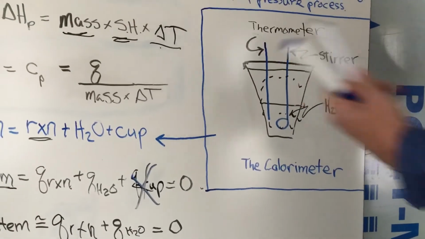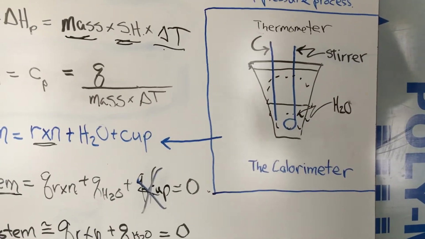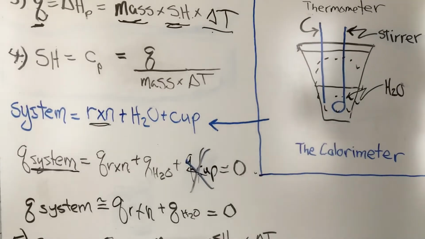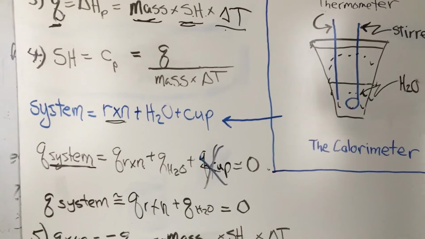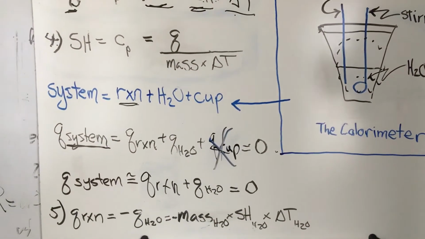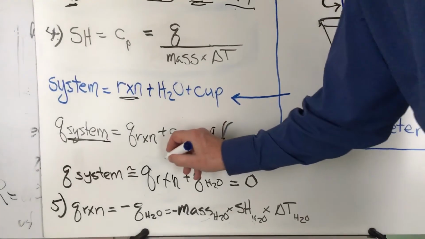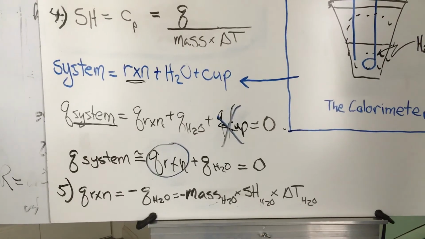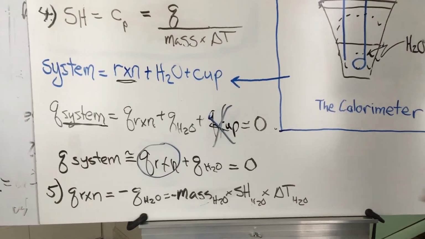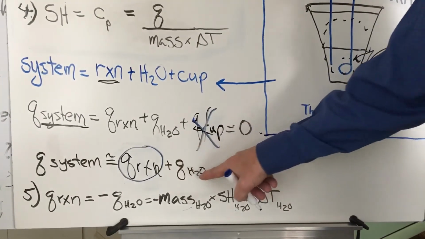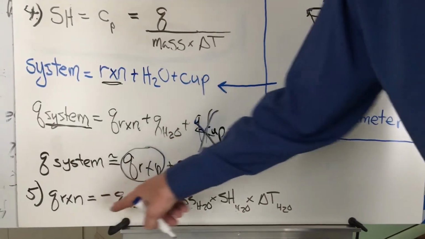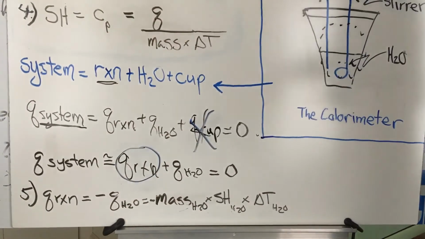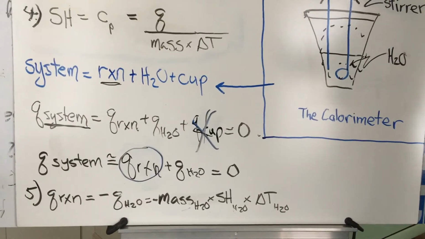Nothing gets out. And now we can solve for what we're really interested in. We're running the calorimetry experiments to determine the heat of a process, the heat of a reaction, for example. So now we can use this equation to solve for Q of the reaction. Since Q of the reaction plus Q of the water is 0, Q of the reaction is going to be equal to negative Q of the water. And look at this.